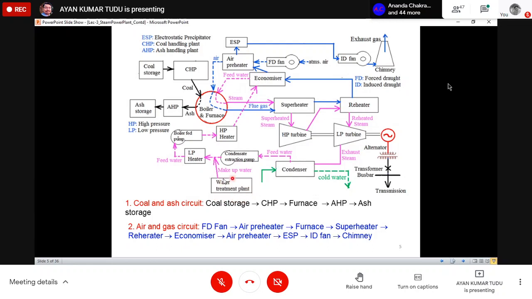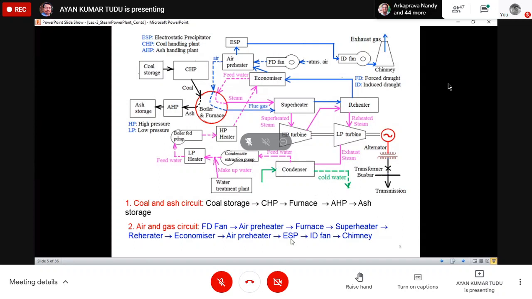The water for this water treatment plant comes from the river, and the function of this water treatment plant is to purify the raw water before feeding it into the feed water circuit.